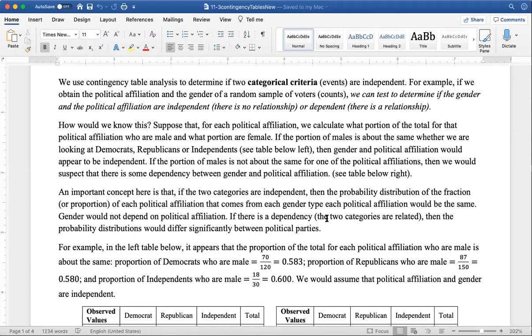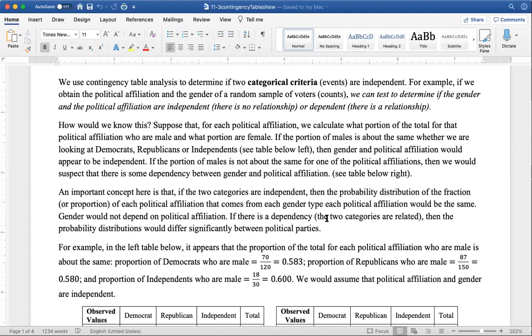So each person has 2 criteria associated with them. And we're interested in whether these 2 criteria, what political affiliation they are and what gender they are, are independent of each other or related somehow, dependent or related.